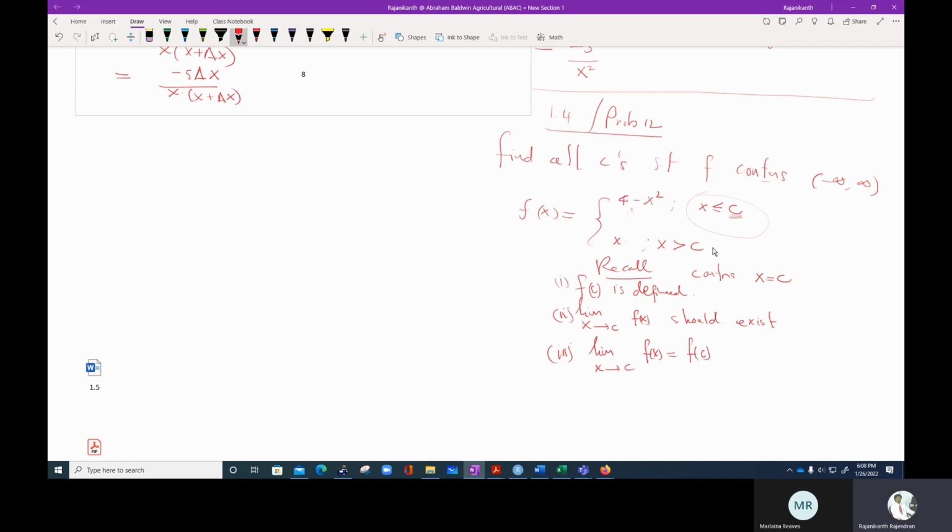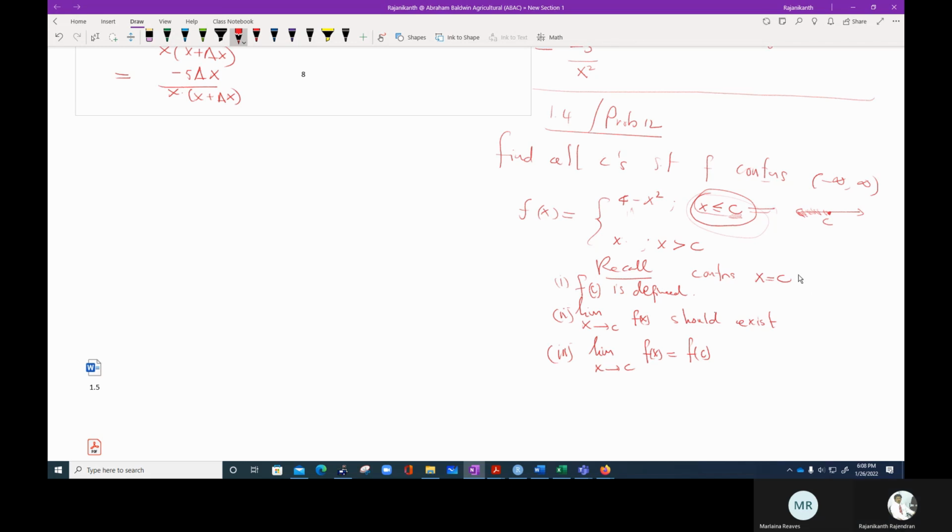Now the thing is, we need to find all possible real values c such that the function is continuous. What's the meaning of this? You are plugging in all possible x which are less than or equal to c. Suppose this is a real line, c could be any real number here. So x less than or equal to c means you are plugging in all possible x values in this region, including c.